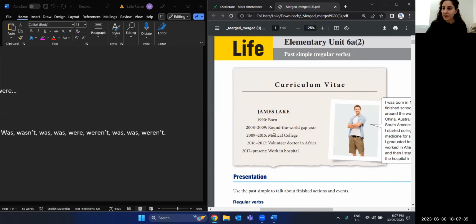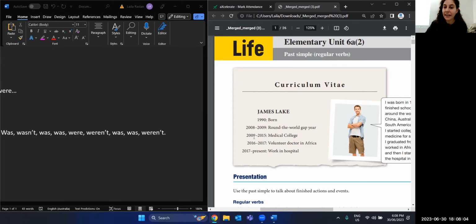So this is about this man. His name is James Lake. He was born in 1990, and this is what he did from 2008 to 2009. He did the round the world gap year. So gap year means he took 1 year off and he went around the world, traveled before he went to university and before work.